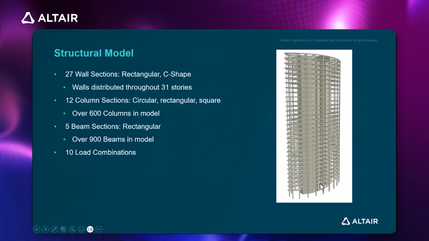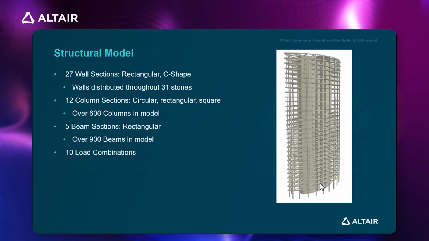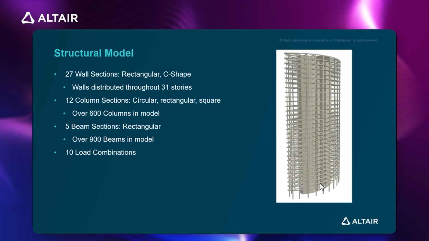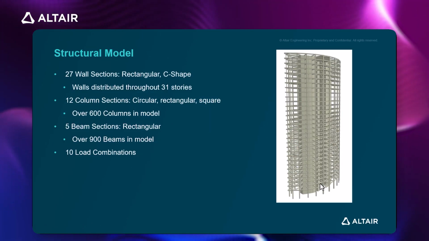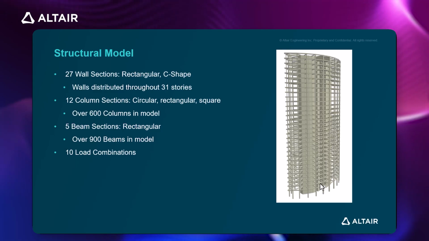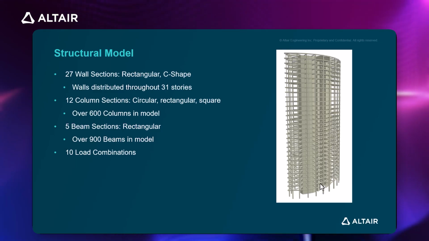So we will begin with talking a bit about the structural model that we will use in this workflow. We have a model building made of 31 different stories that has different concrete sections.